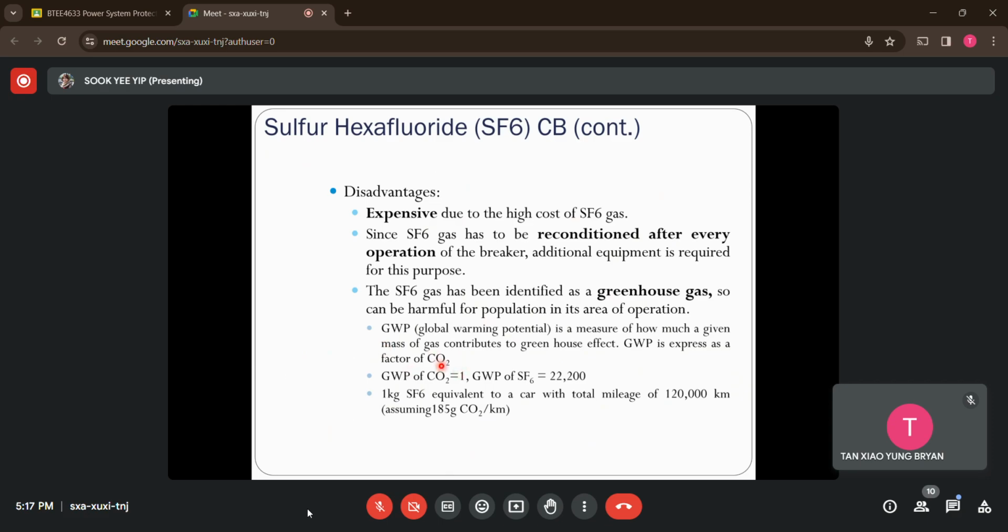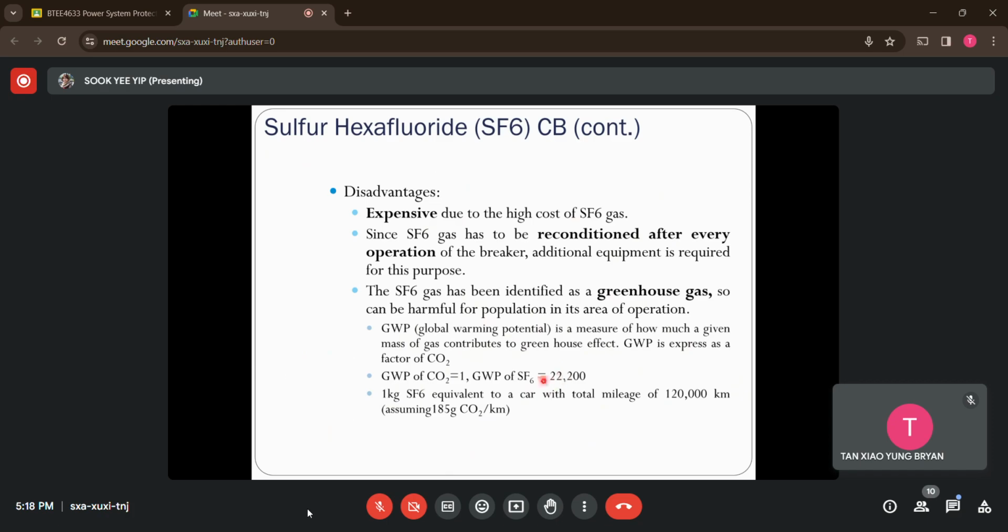Now if we compare carbon dioxide and SF6 gas, one unit of carbon dioxide released to the environment has a value of one. If we compare with SF6 gas, in terms of GWP, it will contribute 22.2 thousand.